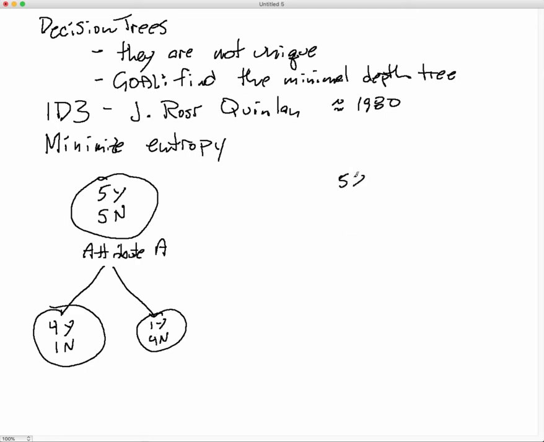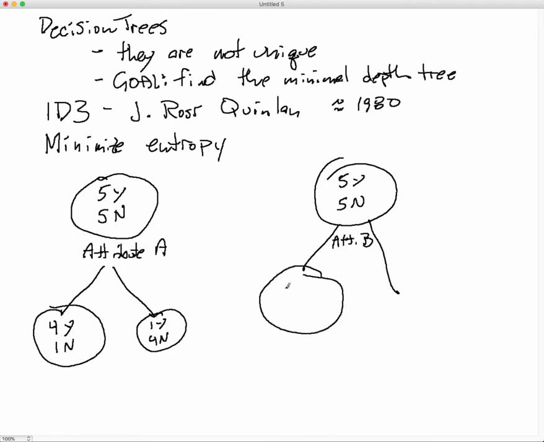If we were to take the same population and instead do this on attribute B, it broke it up into 3 yeses and 2 no's, and 2 yeses and 3 no's.